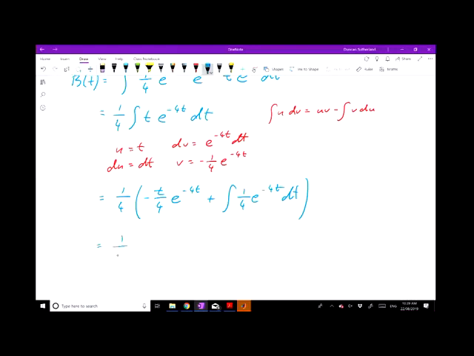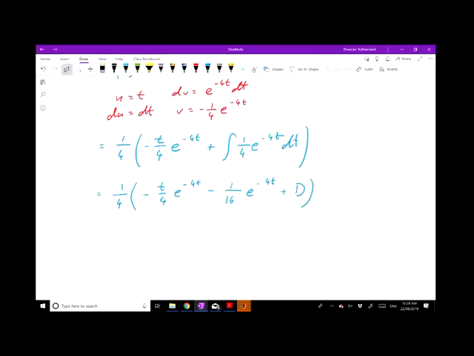Alright, so I'm still keeping this 1/4 out the front from my original integral. I'm going to now just do this integral, the final bit. Okay, we happy?